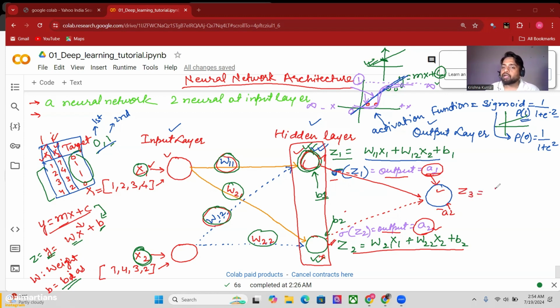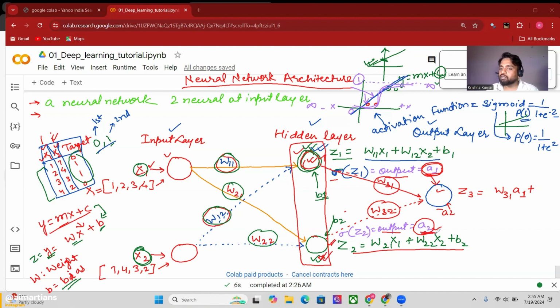So here again the same operation will be performed. Again, here we have weights also. So let's say this time the weights are w31 and w32. So what will happen? w31 is multiplied by a1, because this w31 gets multiplied by the output of this neuron, and the output of this neuron is a1. Plus w32, which is the other weight, from this neuron.